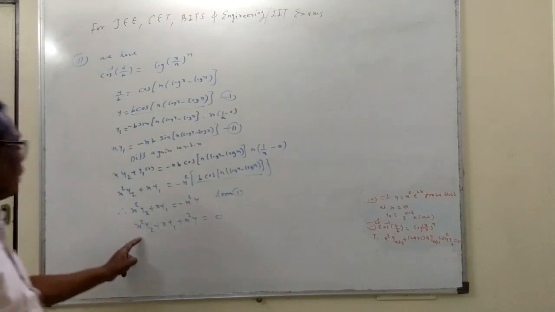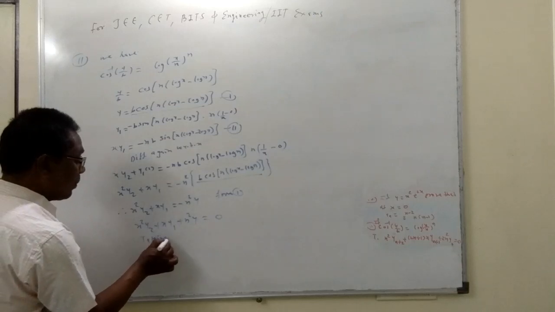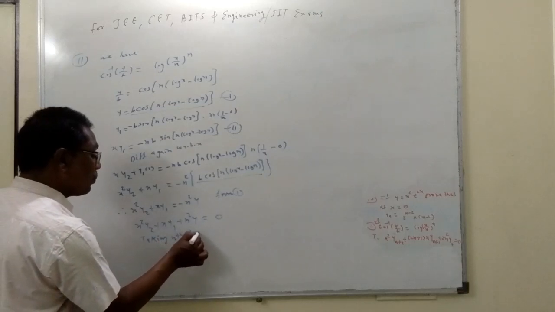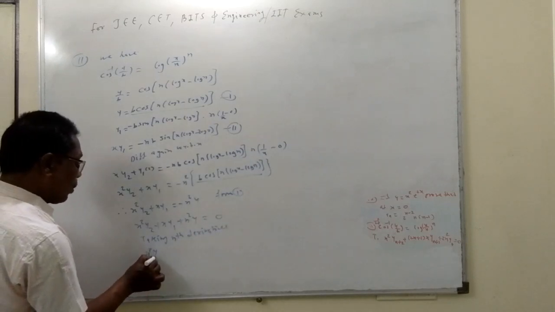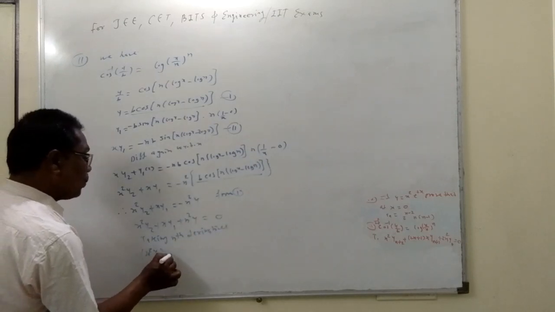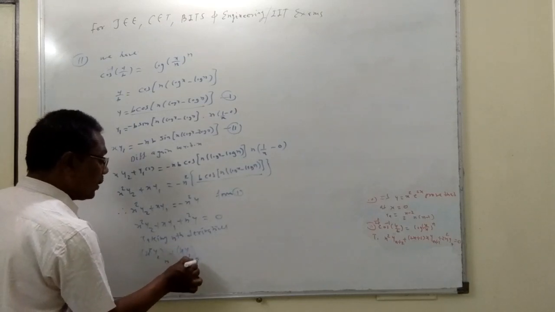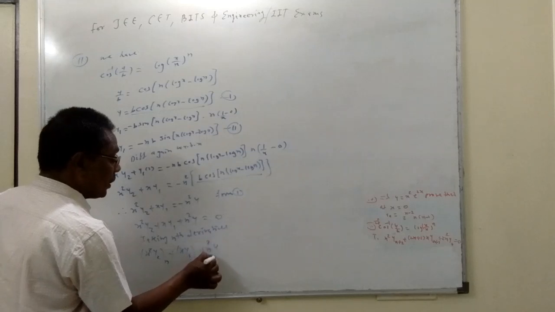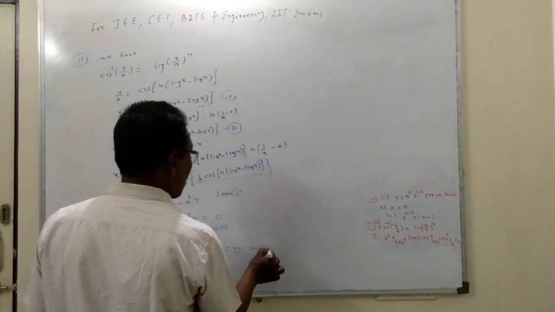So if we take nth derivative of this, x square y2 nth derivative plus x y1, addition means addition of derivatives, plus n square constant, nth derivative of y is yn, is equal to 0.